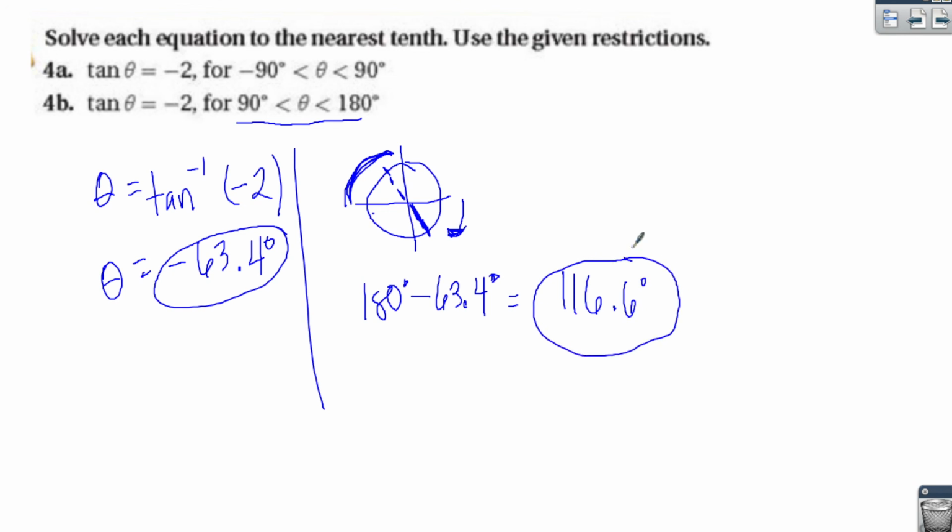And these will become coterminal with the same measurement. You can check if you were to evaluate the tangent of 116.6 degrees, you will end up with something close to -2, if not exactly -2.